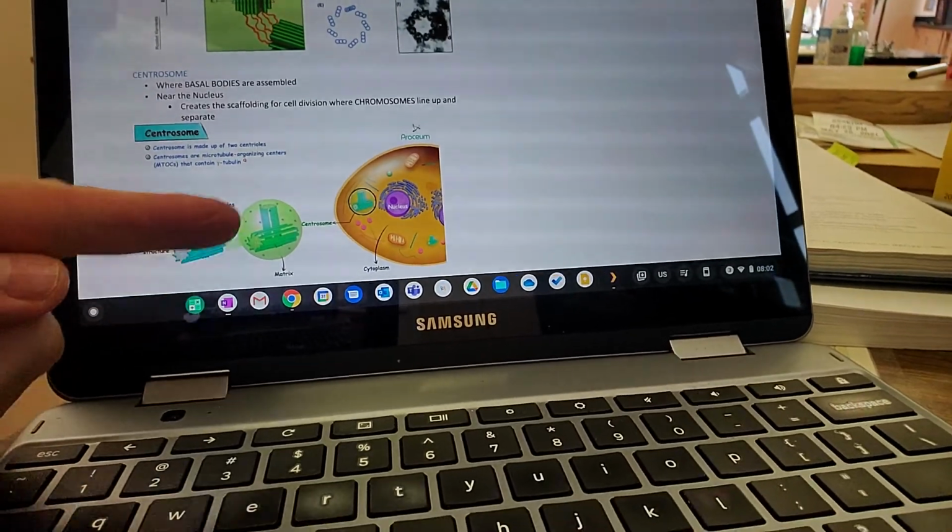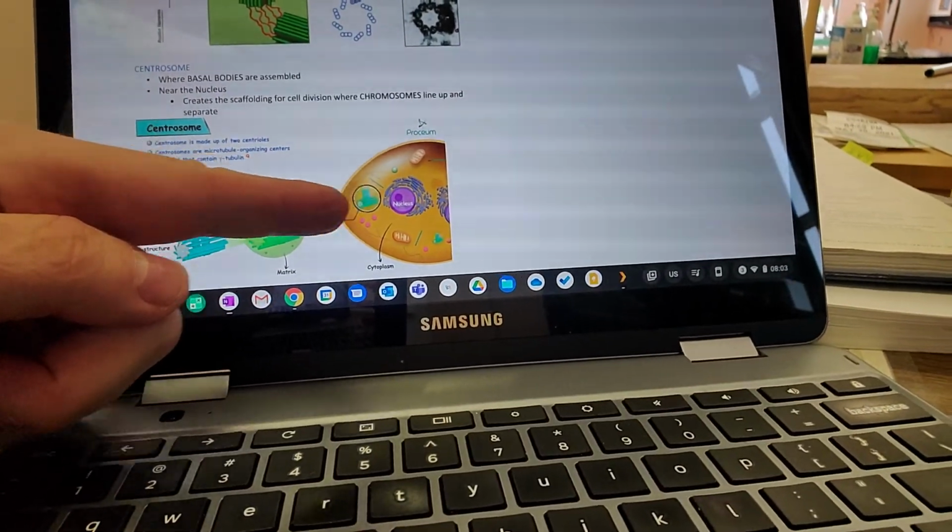This is all in the notes. It's near the nucleus, and it coordinates the cytoskeleton. So the cytoskeleton can grow out of the centrosome. It can also grow the basal bodies. It's sort of like the precursor, the starting point of microtubules and microfilaments.